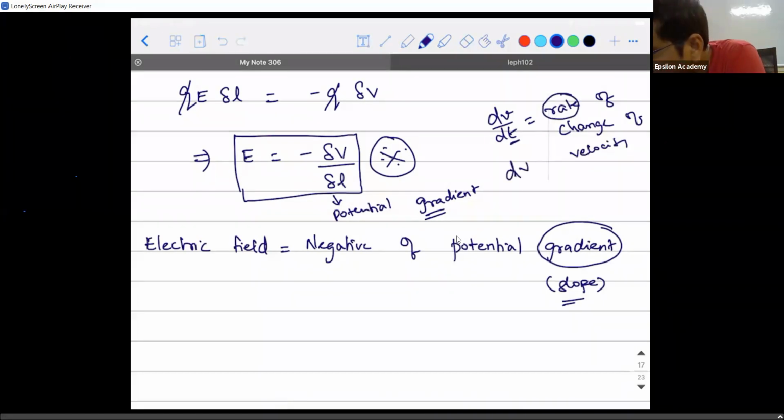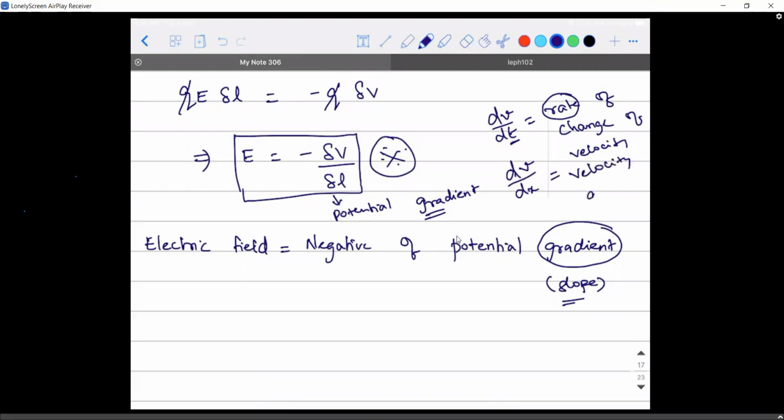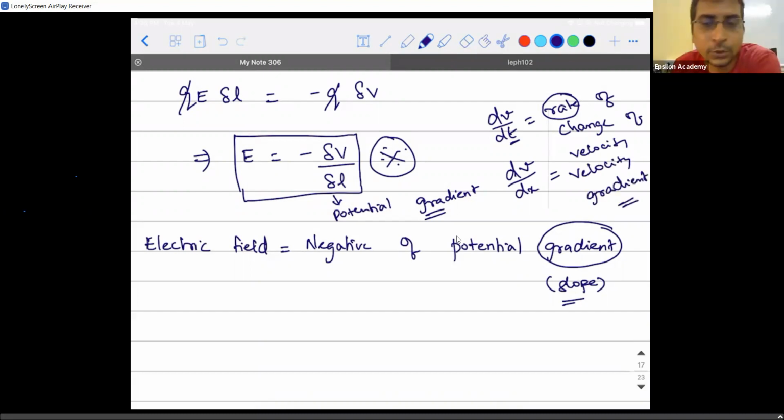For example, had it been dV by dx, then you will call this velocity with respect to distance, you will actually call it velocity gradient. So any parameter changing with respect to distance is given a name called gradient. Like how you give rate for time, you give gradient for distance. And whatever is in the numerator, that numerator's gradient.